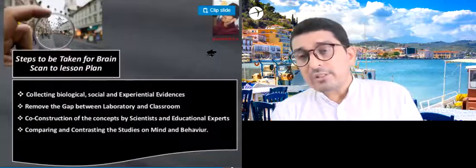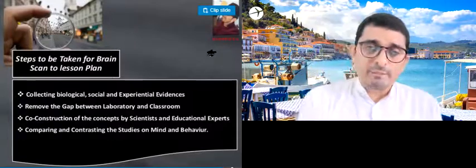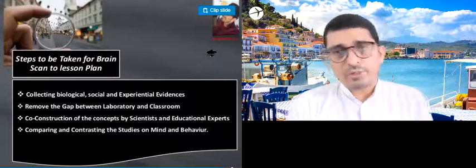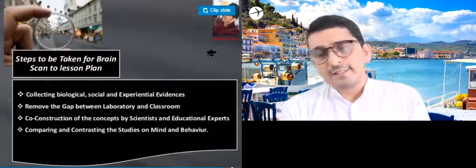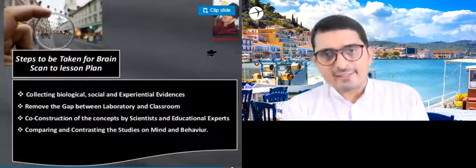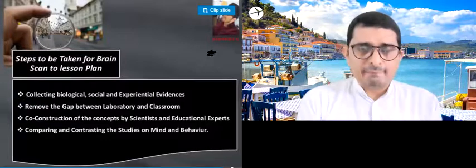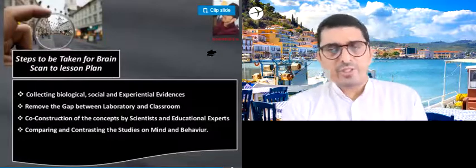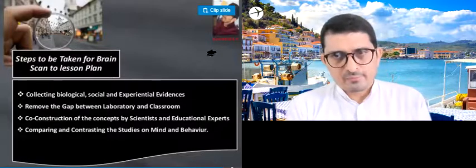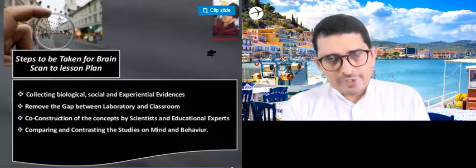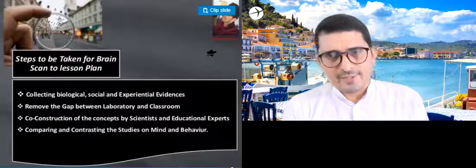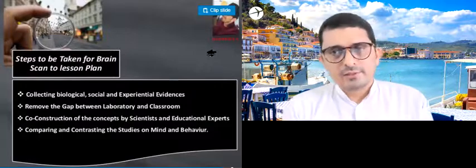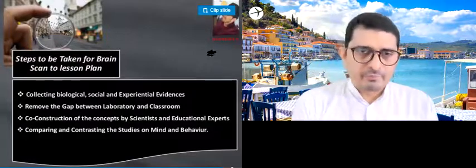And without the help of an IT expert, a teacher cannot teach effectively by making use of ICT inside the classroom. And just like this, there should be a teamwork of the scientists and educational experts to make this study of cognitive neuroscience applicable in the field of education.